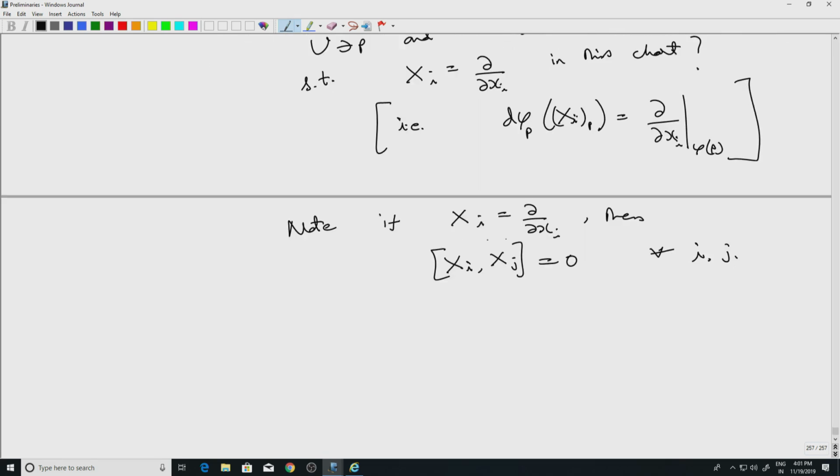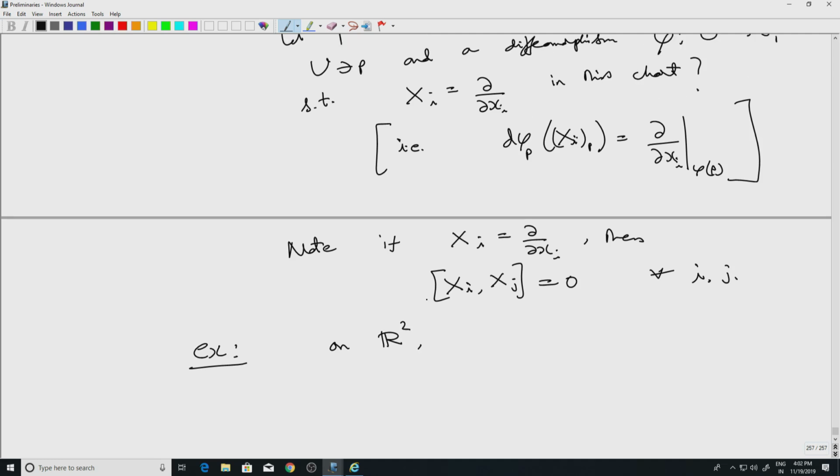So this gives a necessary condition. Not all vector fields satisfy it. As an example, it's quite easy to write down two vector fields. On R2, suppose I take X1 to be del by del x1, and X2 I take to be some function, let's say a times del by del x1 plus b del by del x2.